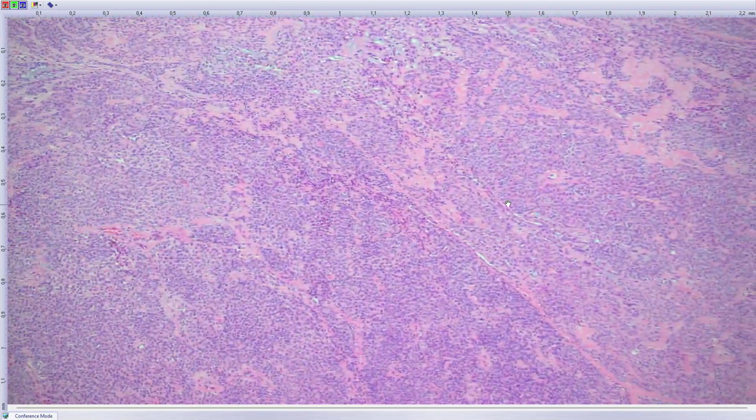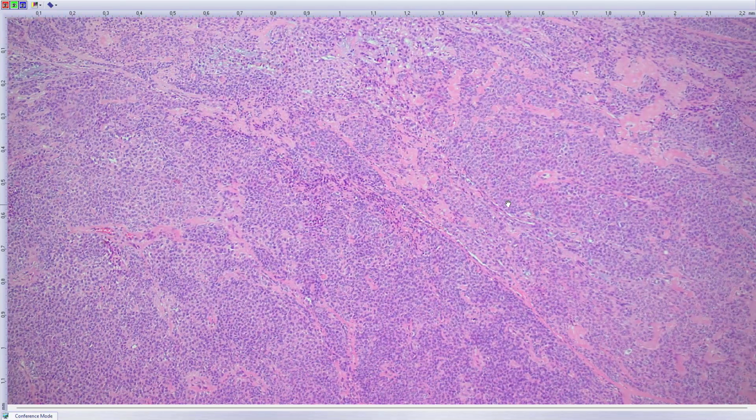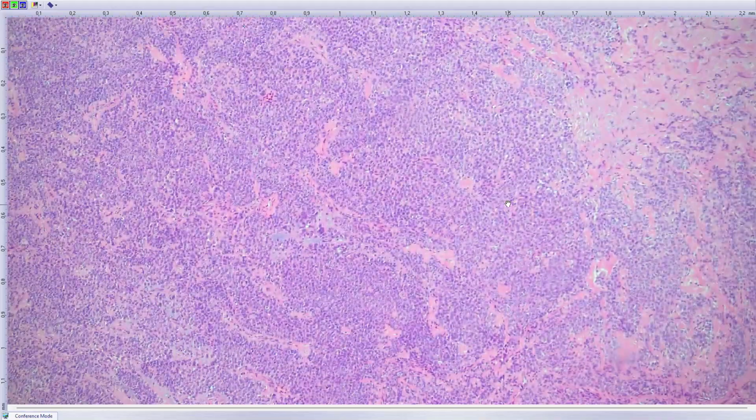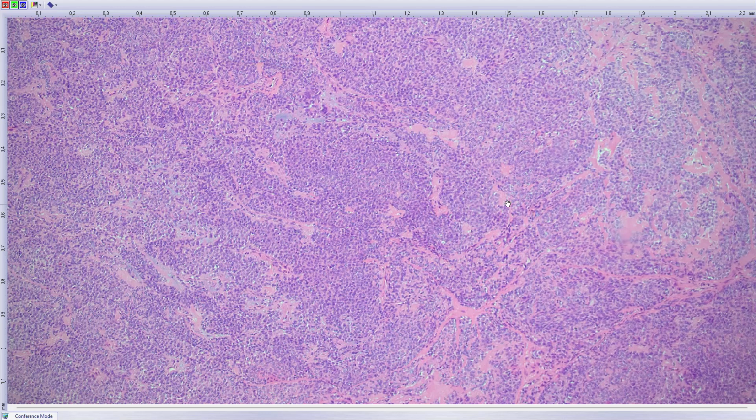So what you can see is a solid alveolar growth pattern and some hyalinized extracellular matrix deposits. Still high magnification.